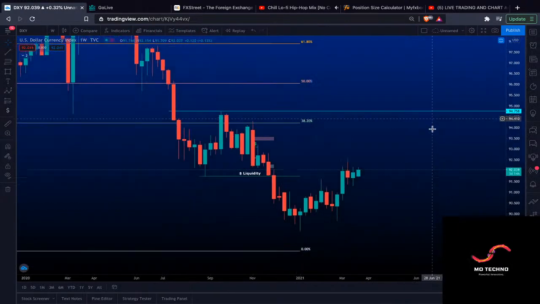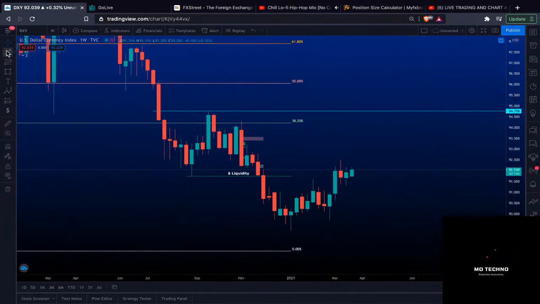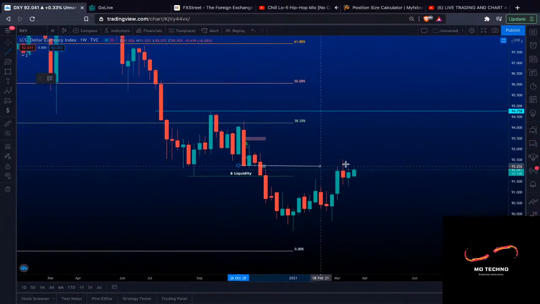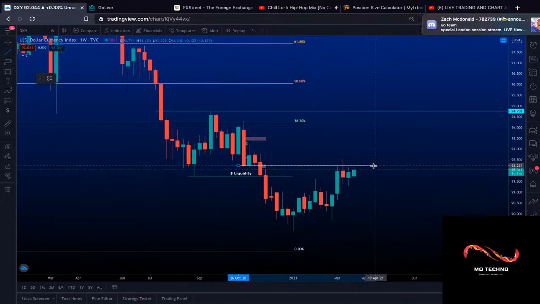What I'm going to be looking for here are some points of interest, institutional candles and so forth. We can see we have an amazing level of resistance right over here.